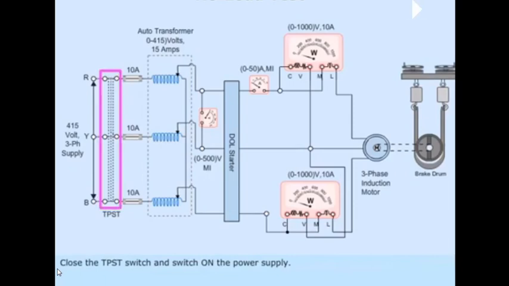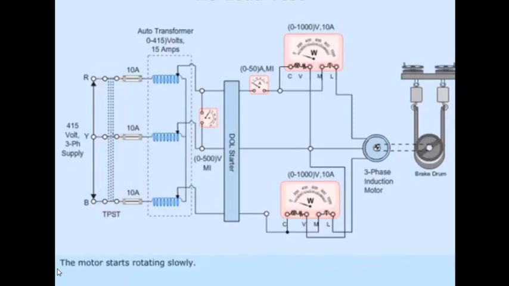As the first step, we are closing the TPST switch. So the supply will start, and we have to vary the auto transformer. We can see that no load is connected to the brake drum, and the belt is separated from the brake drum, so no load is applied.